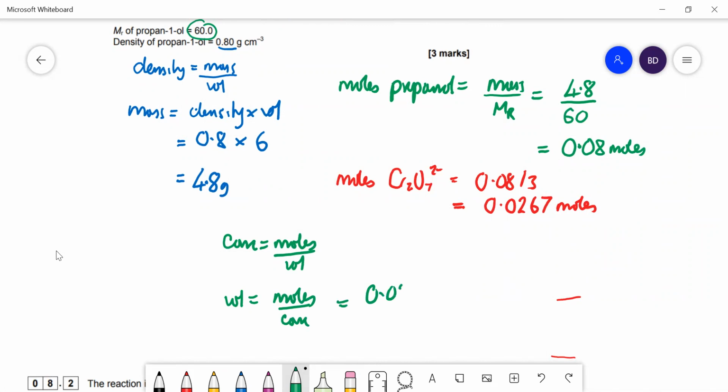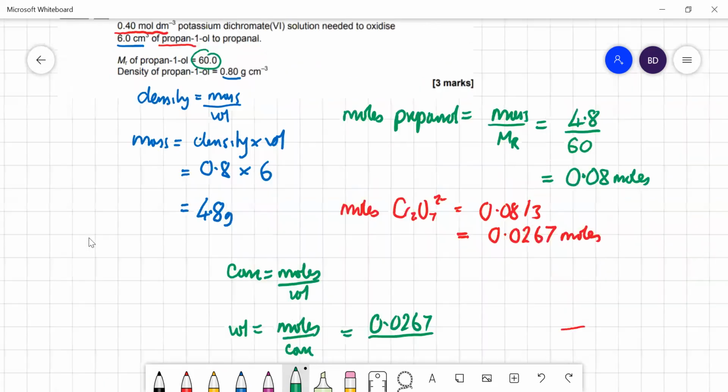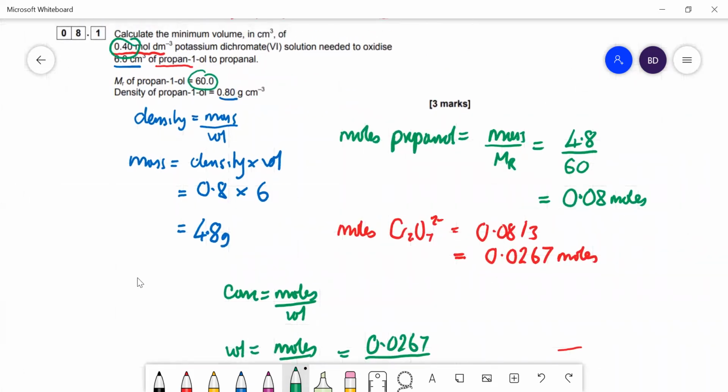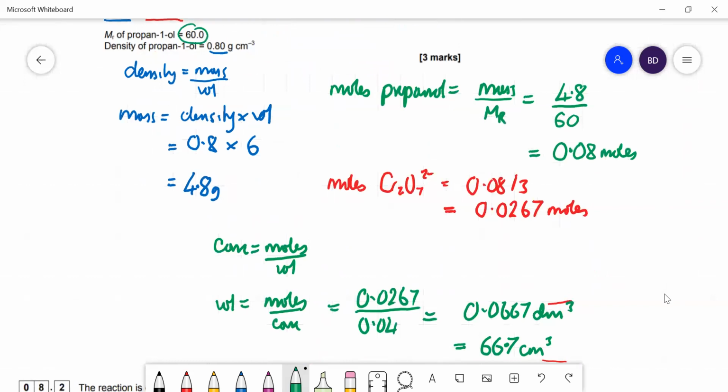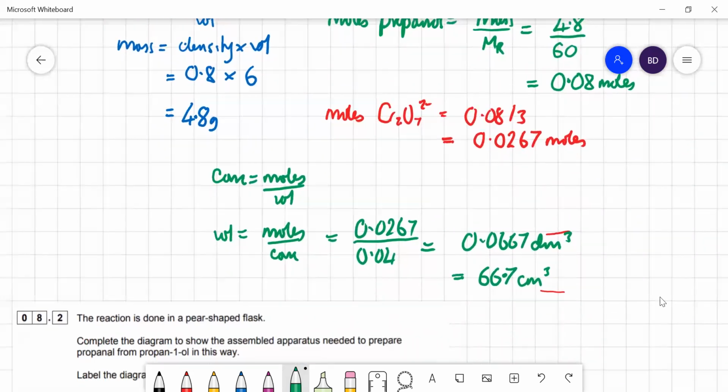So that's going to be 0.0267 divided by the concentration, which they tell us up here is 0.4. That works out to be 0.0667 dm cubed. So multiplied by 1,000 to give us centimeters cubed, 66.7 centimeters cubed. Okay, it doesn't say anything about significant figures. 3 sig figs will be correct though.